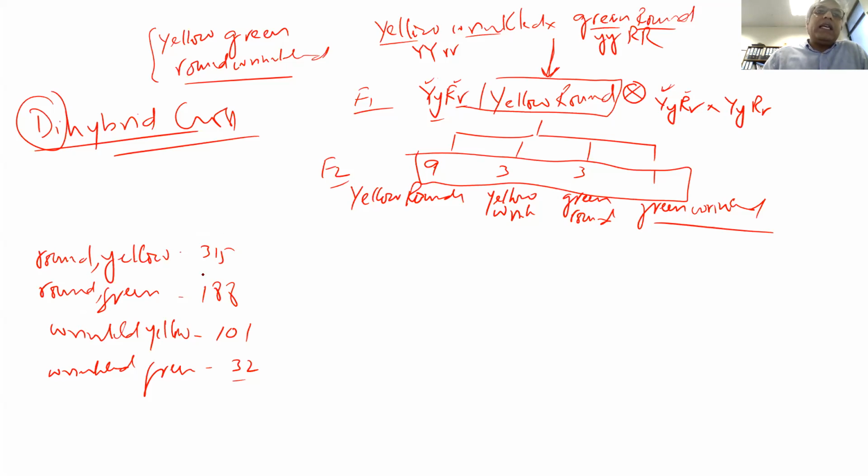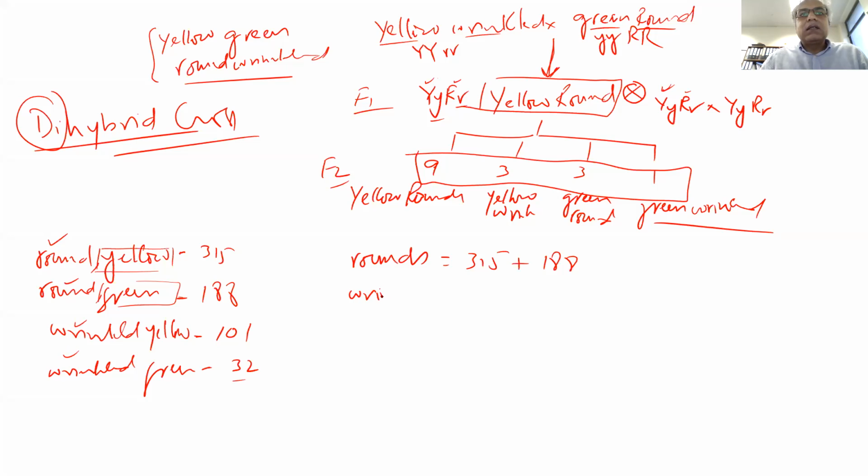And when he saw these numbers, he said, let's consider them as a monohybrid cross. For a moment, we don't look at yellow or green. We just add up all the rounds. Rounds were 315 plus 188, and wrinkled were 101 plus 32.